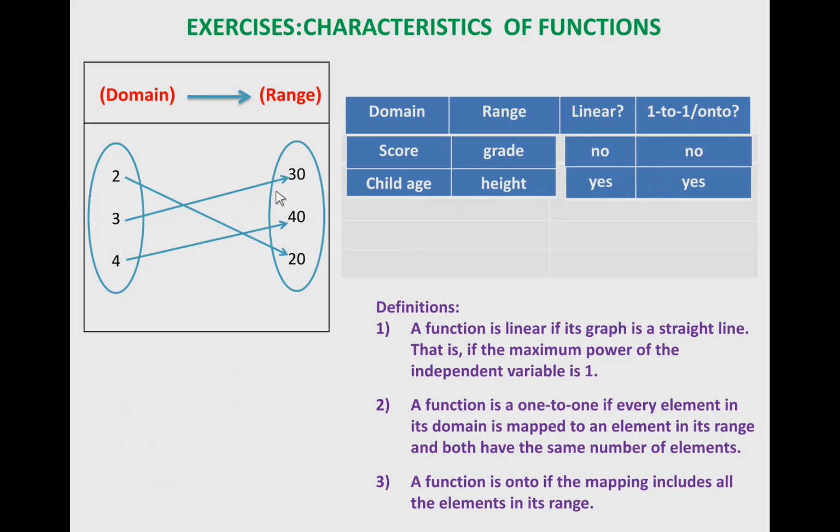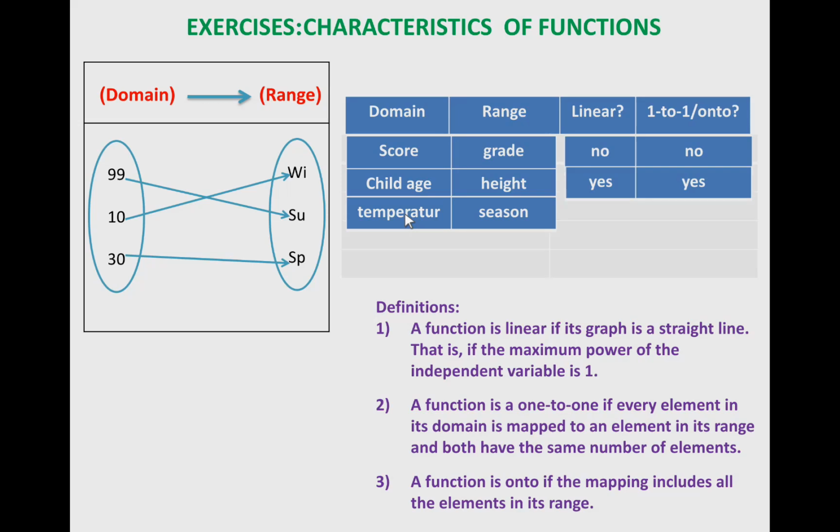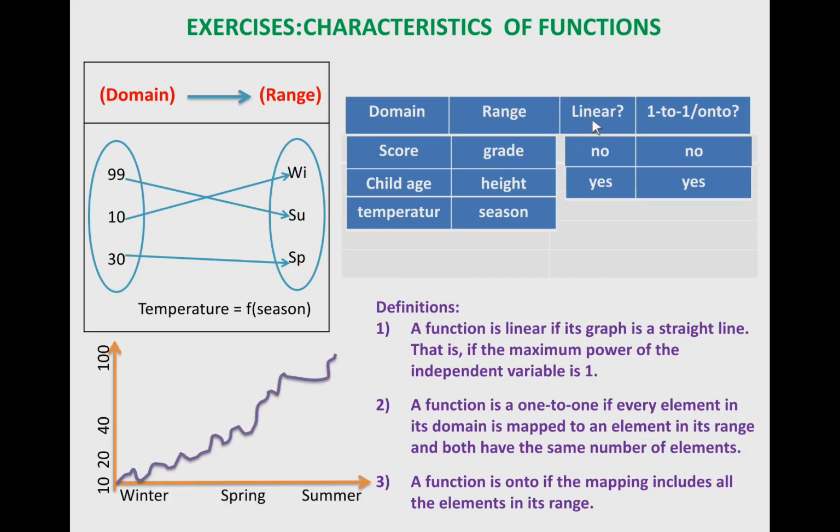Let's take a look at the next function. This is the function that has a connection between the temperature and the season. Temperature is a function of the season, and we have the temperature to the left and obviously the season to the right. Before we answer whether it's linear or not, let's plot the function and take a look at it.